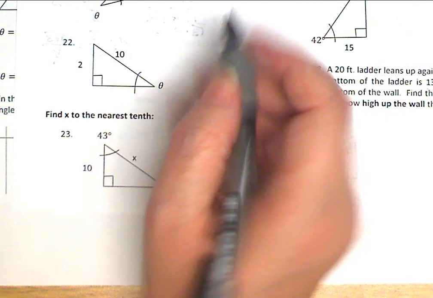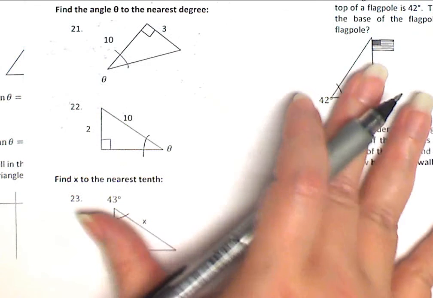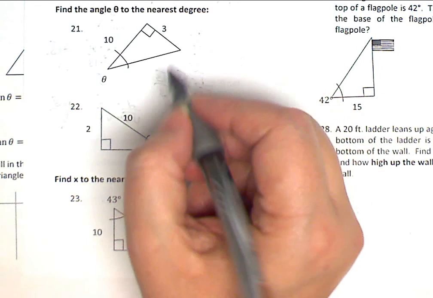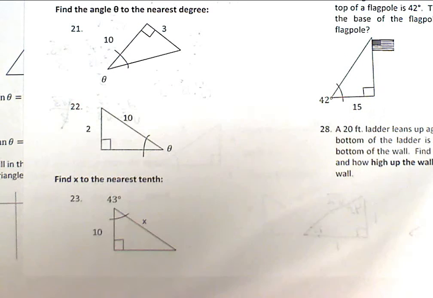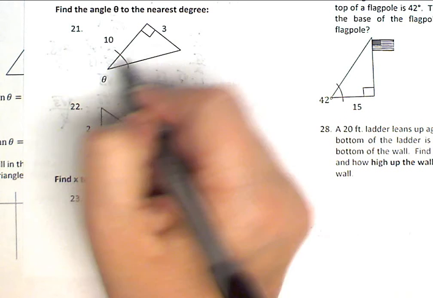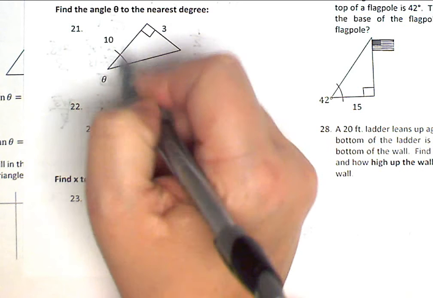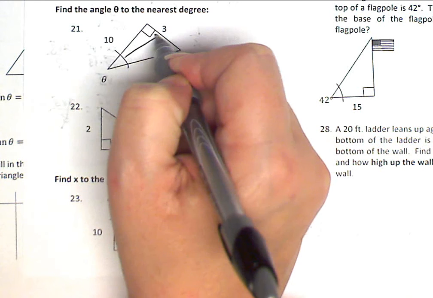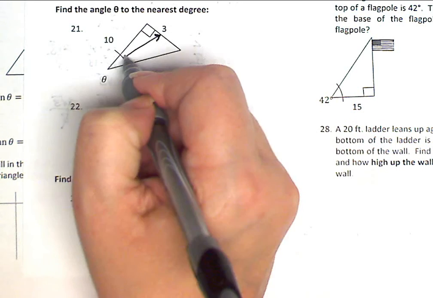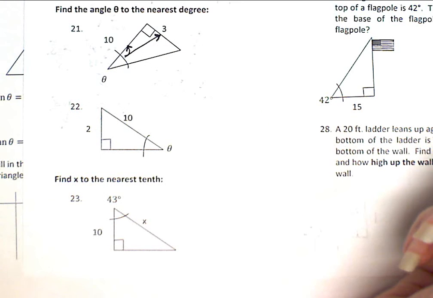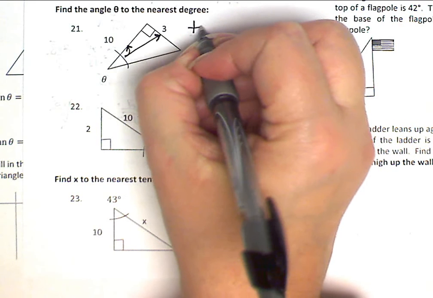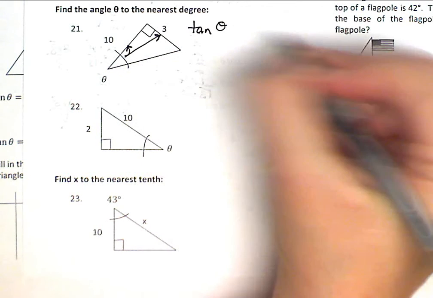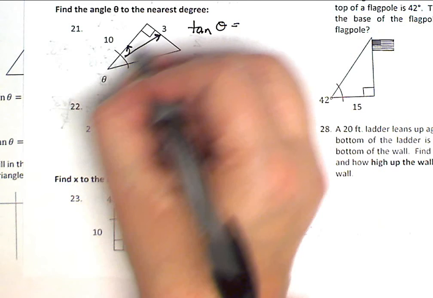21. You're finding theta to the nearest degree. So now this is the stuff that we've been doing. We are finding theta. So we have our opposite and we have our adjacent. What can we use? We have tan of theta is equal to opposite, which is 3, over adjacent, 10.